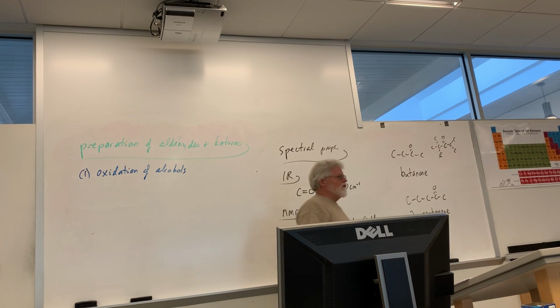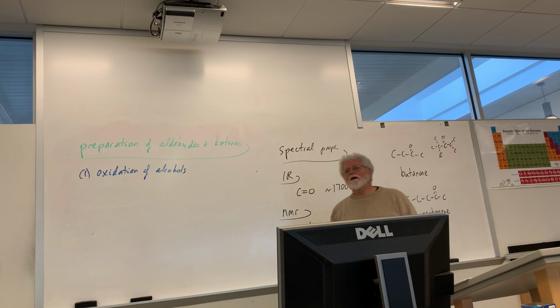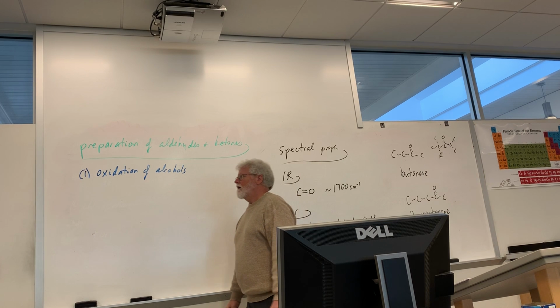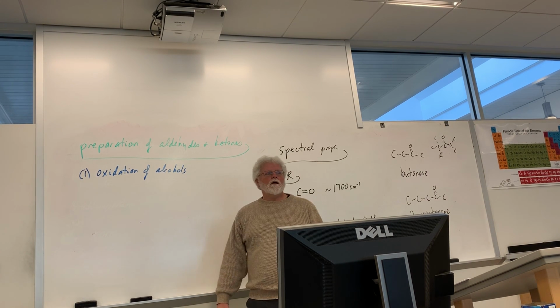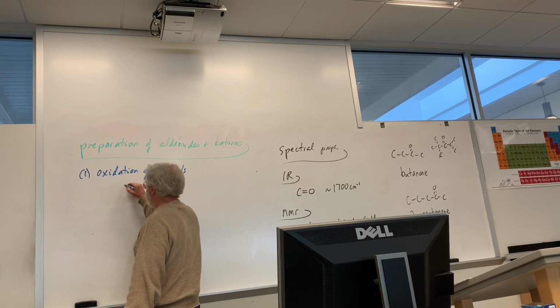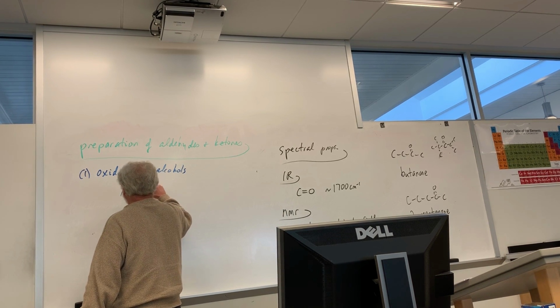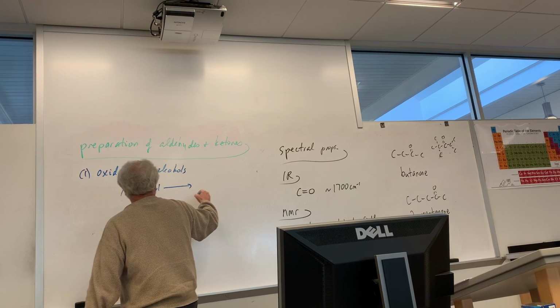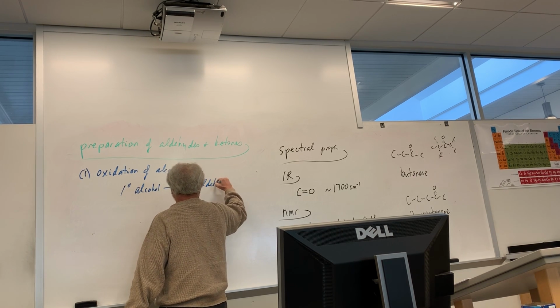More specifically, what do you oxidize to get an aldehyde? A primary alcohol. You take a primary alcohol, you can oxidize that to an aldehyde.